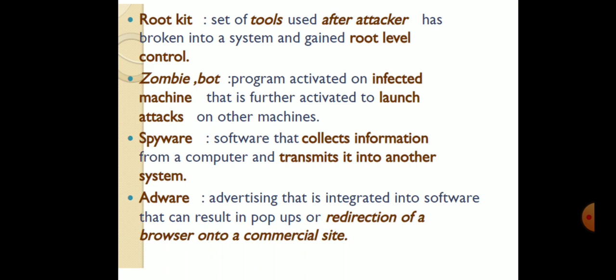Next is spyware. Spyware is software that collects information from the computer and transmits it to another system. Next, adware. Adware is advertising software which creates many advertisements and redirects our site to other sites.